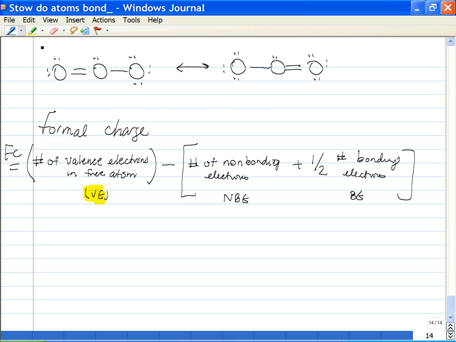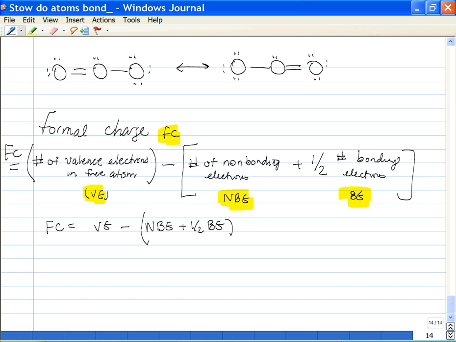So we can call that NBE. So formal charge, Fc, equals valence electrons minus non-bonding electrons plus 1/2 of bonding electrons.